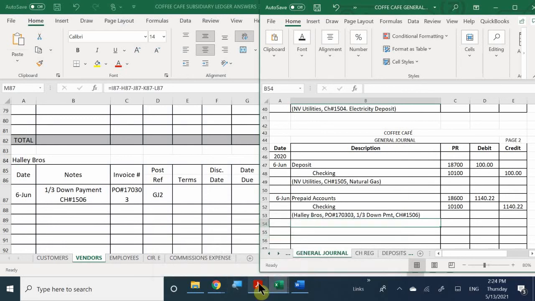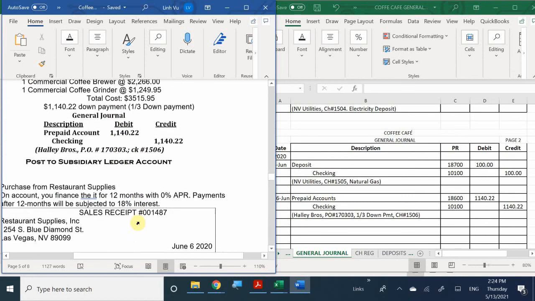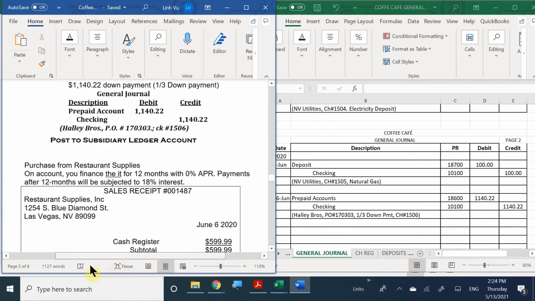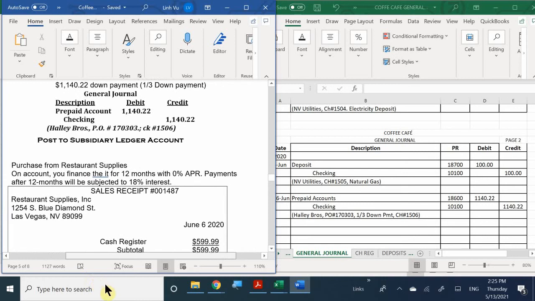Now that we completed that transaction, we can see what has happened next. It looks like we decided to purchase from restaurant supplies.